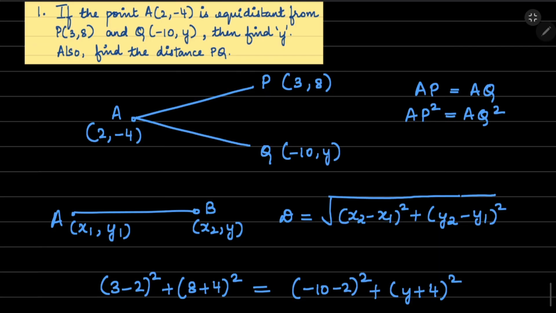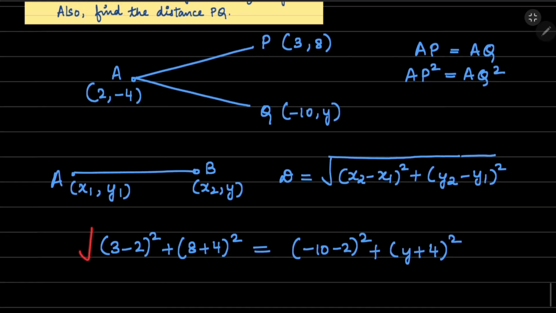The reason why we are not putting the square root in the distance formula is because we have already squared it on both the sides. Whenever you square a square root, you can nullify it. This is nothing but a to the power 1 by 2 whole to the power 2, so 2 and 2 will get cancelled. The square of root of a is just a. That's why there is no square root here.